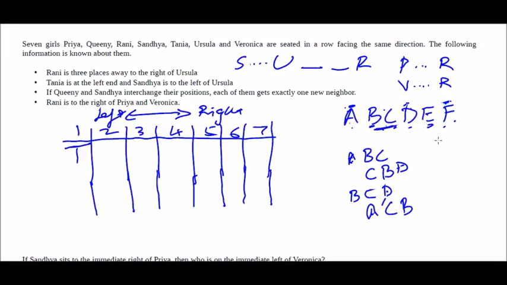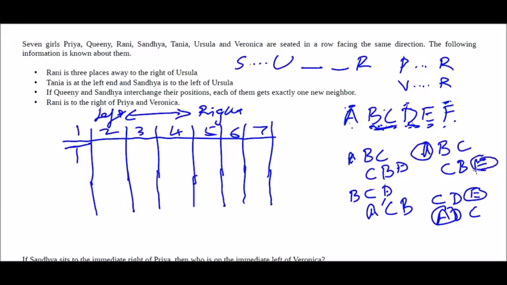Okay, let's see if there are other scenarios possible. If B and D are separated by only 1 person, let me interchange their places. B's old neighbors are C and A. B's new neighbors will be C and E. D's old neighbors are C and E. D's new neighbors are A and C. D gets 1 new neighbor.